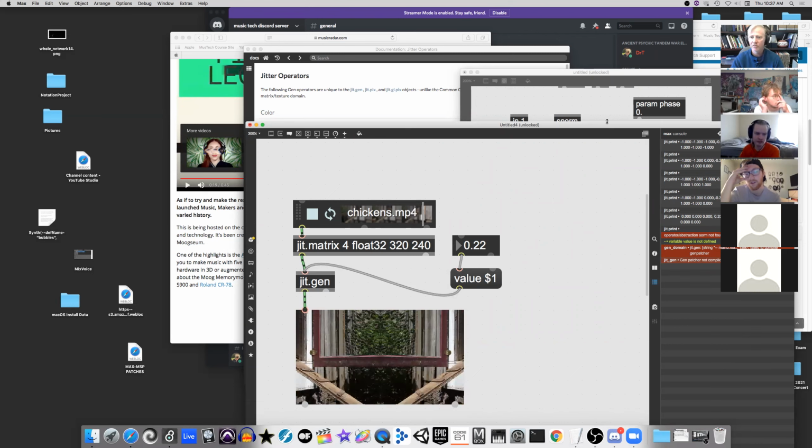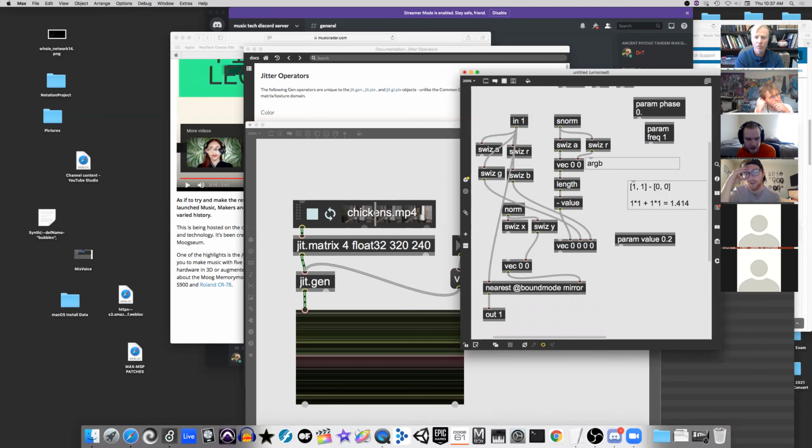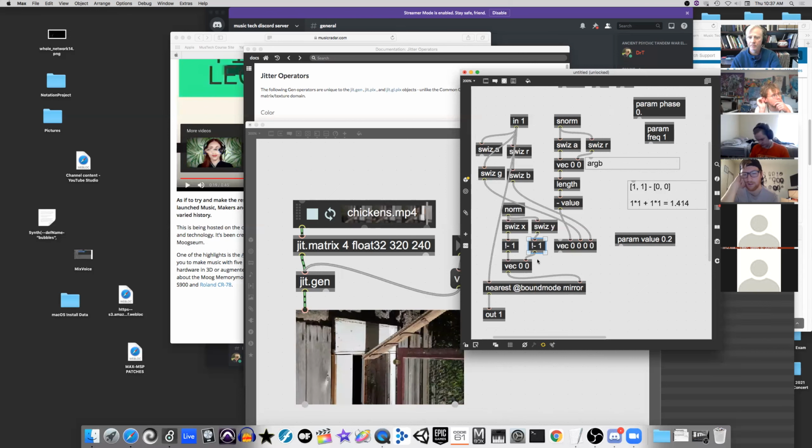I just do 1 minus whatever x is. Yeah, effectively scaling it in reverse. So 1 minus whatever comes in, and then it should be flipped in reverse, and it is. If I wanted to turn it upside down, we do this, right?